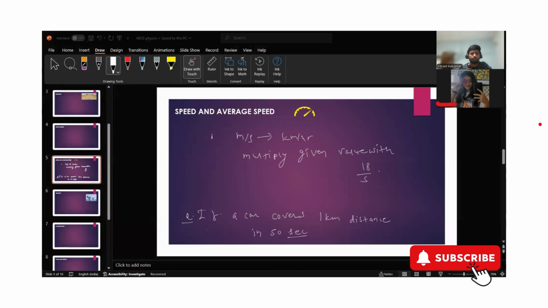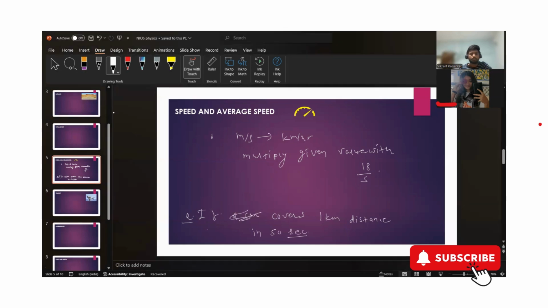For example, 20 meter per second. So it will be 20 into 18 by 5, that is 72 kilometer per hour.